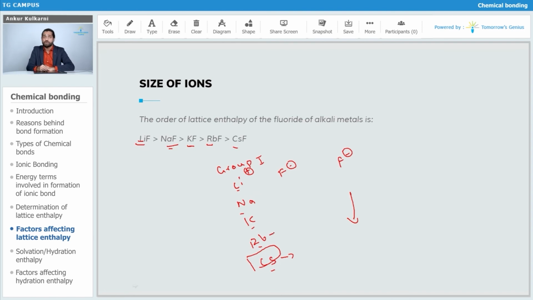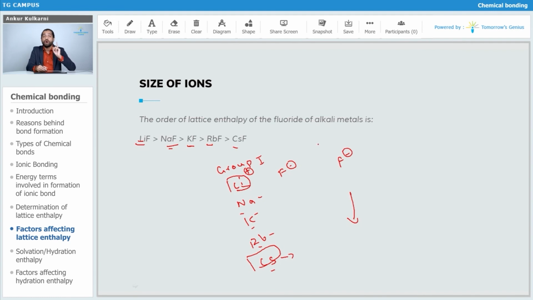Similarly, then comes rubidium, potassium, sodium, and lithium with the least size. Just now we discussed that another factor responsible for lattice enthalpy is size. So it is clear that lithium is least in size, so lithium will have the highest lattice enthalpy.